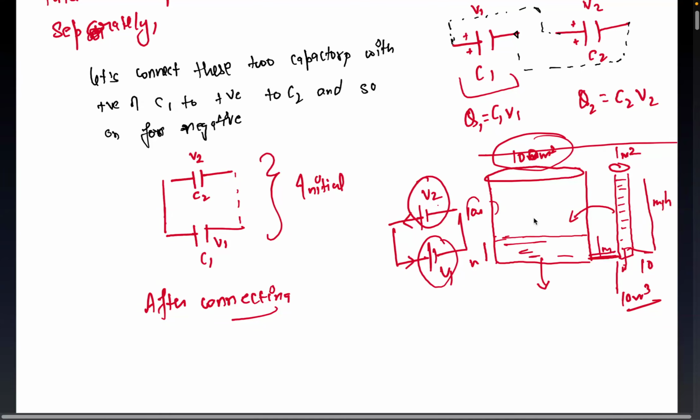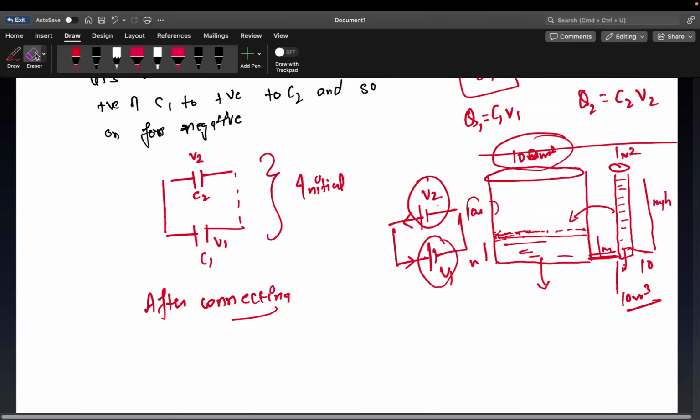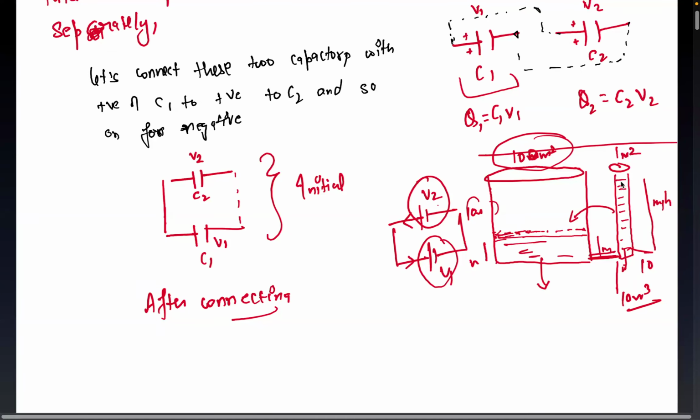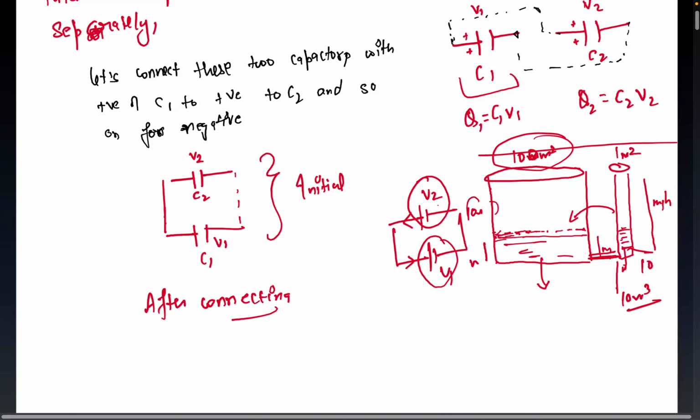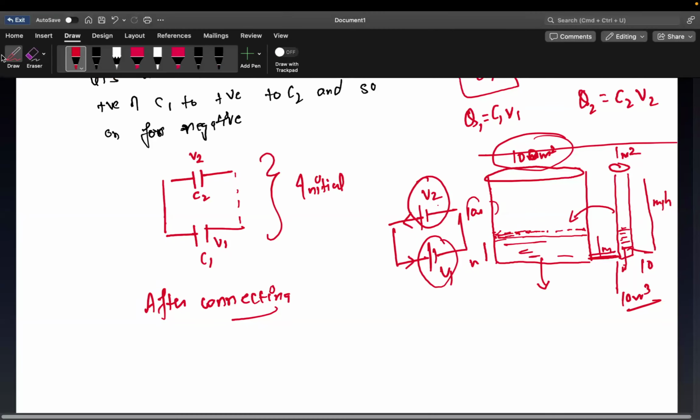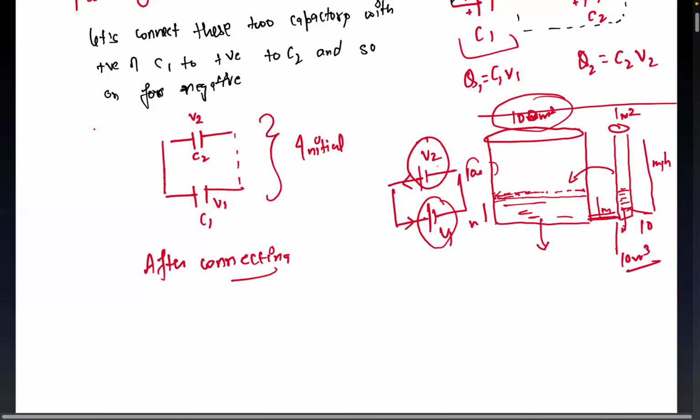It will flow until this increases, although it will be very minor, you can't even see it because of the volume, and the water in this will decrease until the levels become the same, something similar to this. Now you can see the flow will stop. The same is going to happen here.